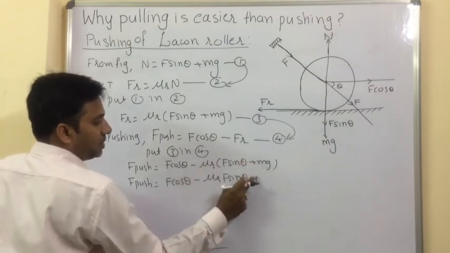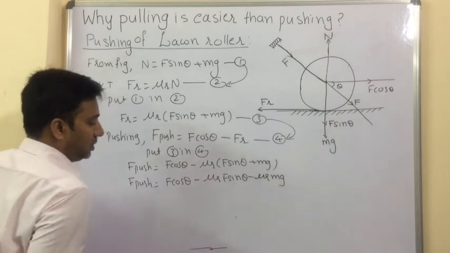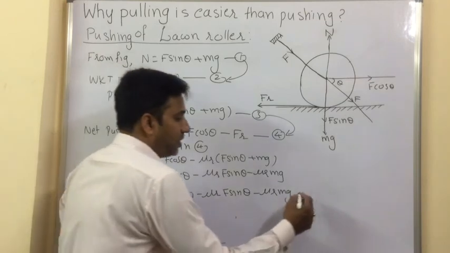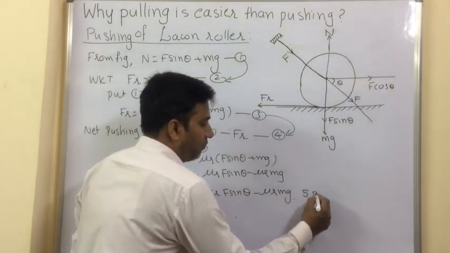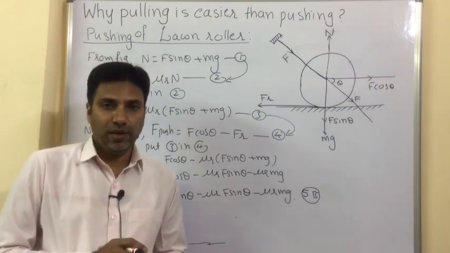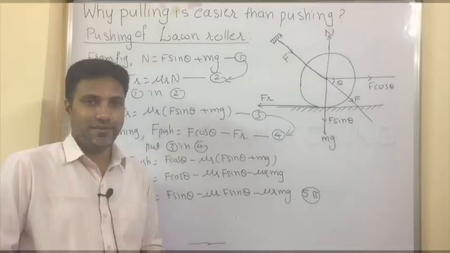Minus into plus, it will be minus mu r mg. This is the final equation for pushing of a lawn roller. Make this equation number 5b. If you compare equation 5a and 5b, from there we can say that pulling is easier than pushing.